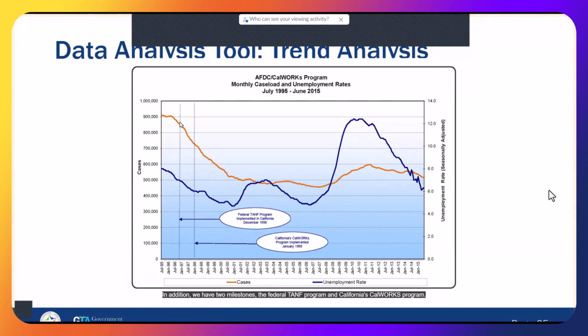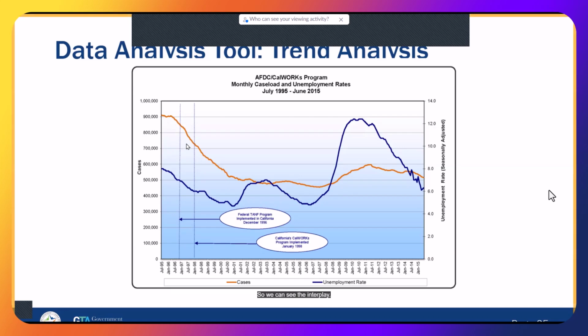In addition, we have 2 milestones, the federal TANF program and California's CalWORKS program added on the left here. So we can see the interplay between these programs and the unemployment rate and the number of unemployment cases.